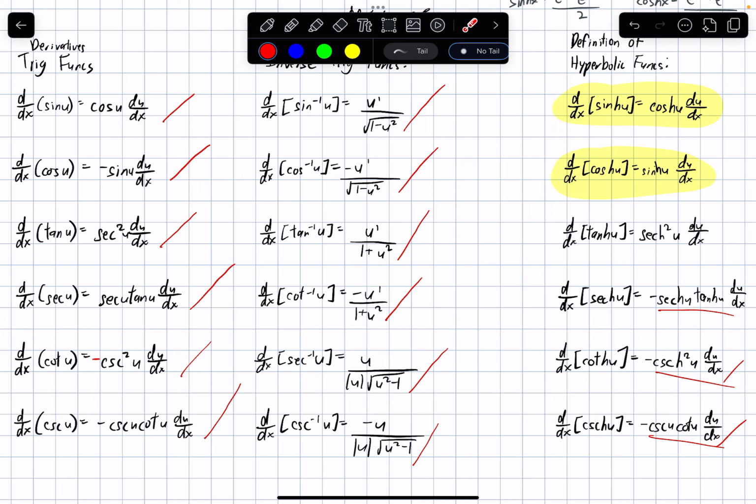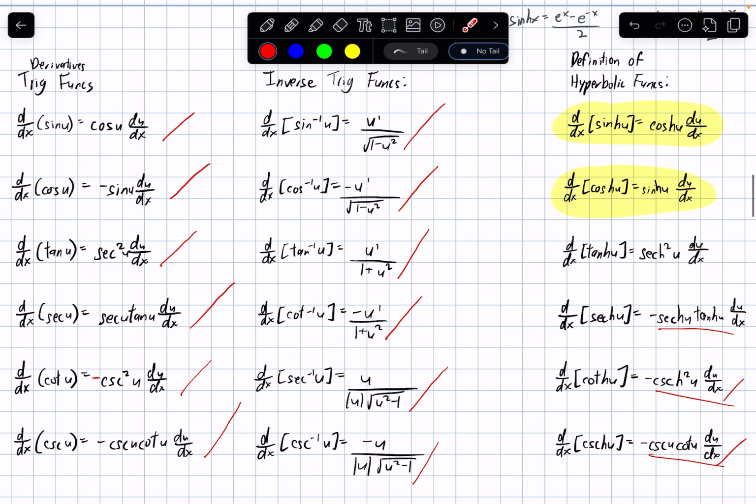But in the case of hyperbolic functions, the derivative of secant hu is equal to a negative. But essentially, it's the same. You just copy secant hu, and then you multiply it with tangent hu. So that's the thing you have to know, basically, that for the first three hyperbolic functions, sine, cosine, tangent, they're all positive. For secant, cotangent, cosecant, they're all negative.